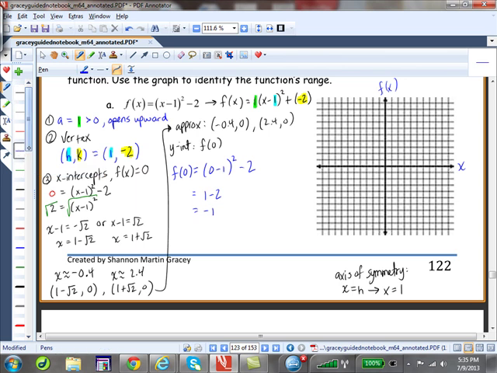All right, so here we go. Let's start doing this. Our values are pretty regular, so we'll just do the regular scale on this. I don't think our numbers were too terribly small for the x, so we'll do our regular scale, which is plus or minus 10. And then let's see what ordered pairs we already have. So the vertex is 1, negative 2.